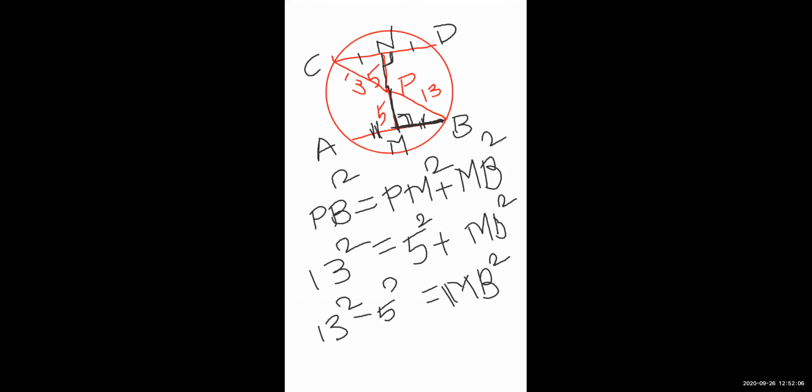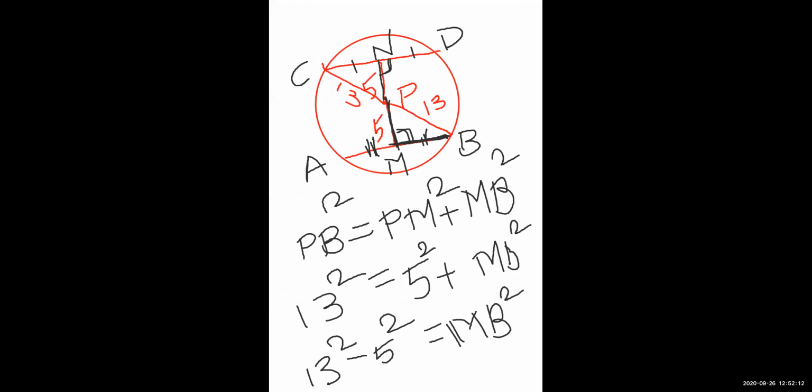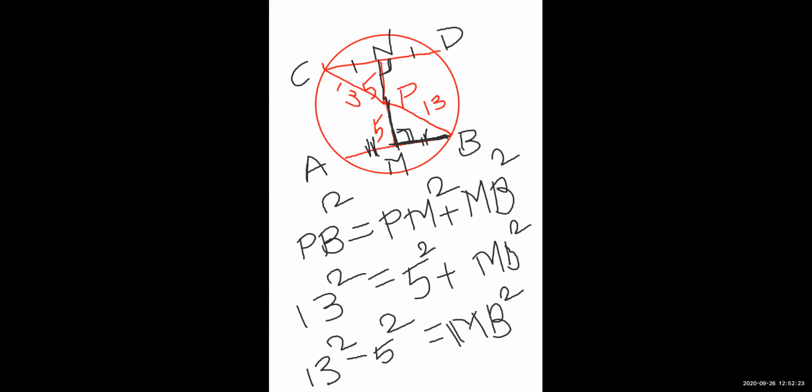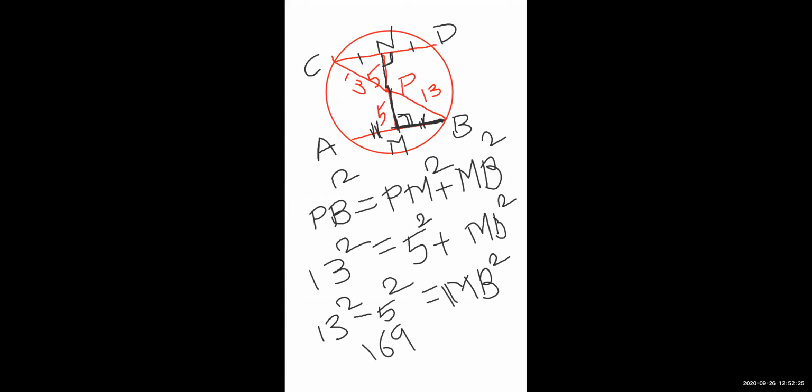So 13 squared is 169, minus 5 squared is 25. 169 minus 25 is equal to MB squared. 169 minus 25 is 144, and it is the square of 12. Very good.